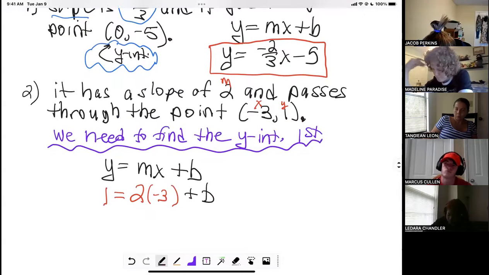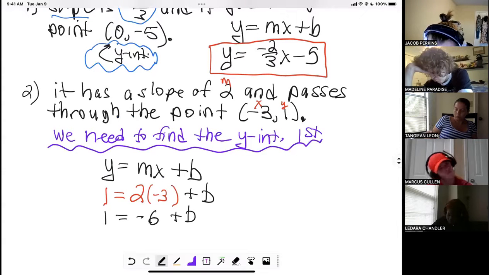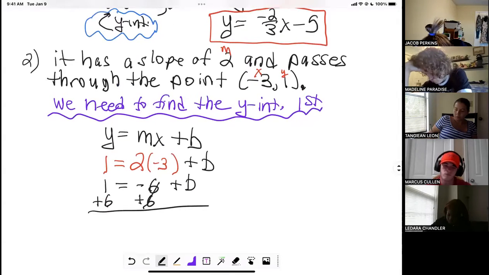So I'm going to simplify and solve for b. So 1 is equal to -6 plus b. If I add 6 to the other side of my equation, I will get b by itself. So b is equal to 7.